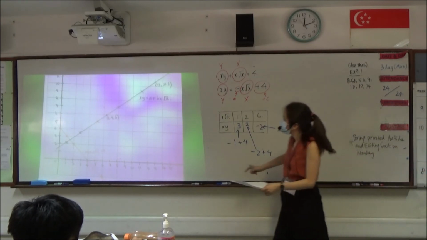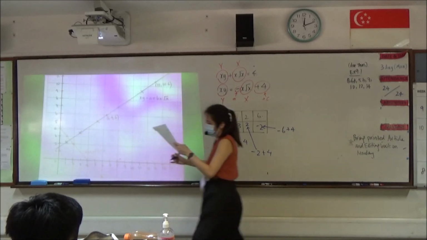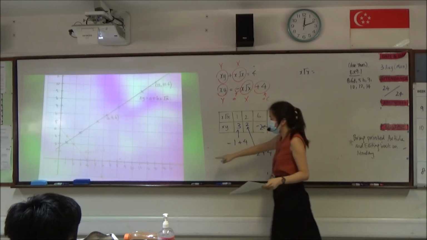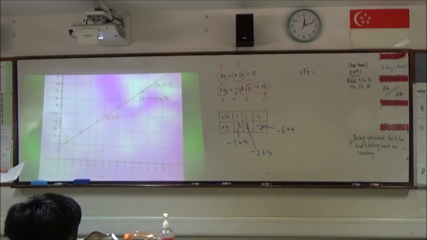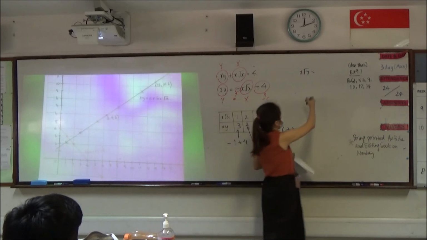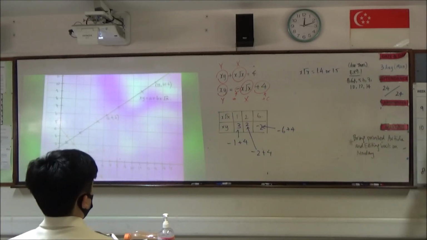And in my intersection, I will find that the value for the x coordinate, the so-called horizontal axis x coordinate, okay, I will actually read it to be about 1.4 or 1.5. You look at your own graph, what do you get? You understand what I'm trying to say?